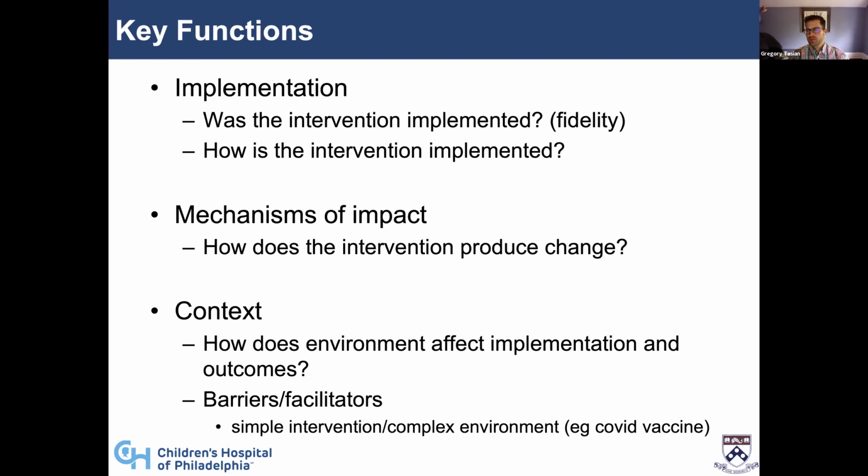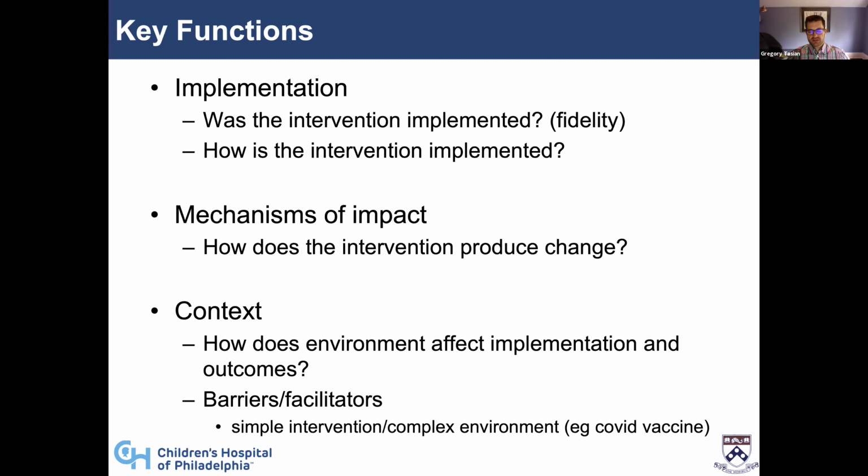is the implementation of a COVID vaccine, and that you have a simple intervention in a complex environment in which the infrastructure of how the vaccine is administered is critical. And then you have all the behaviors and how those behaviors differ among different groups within the population.